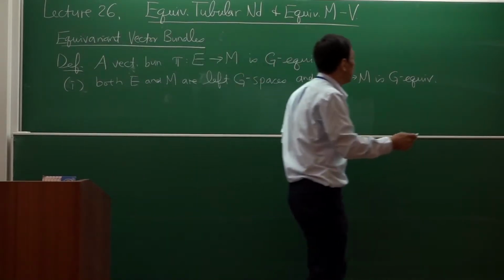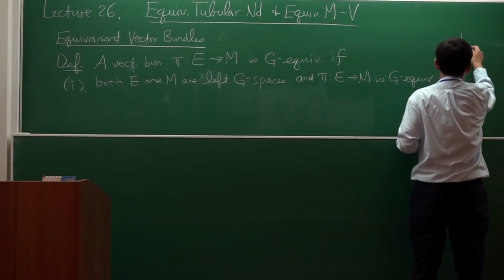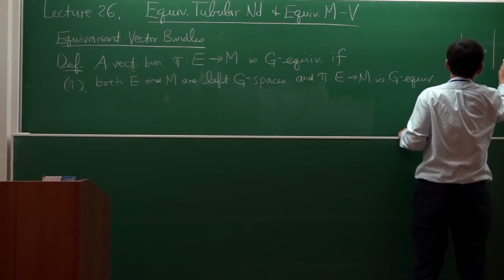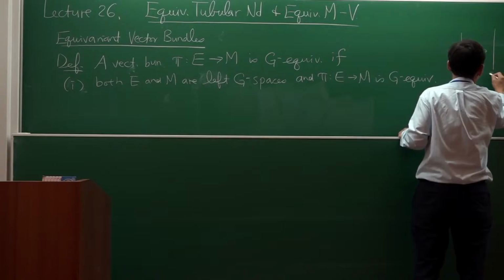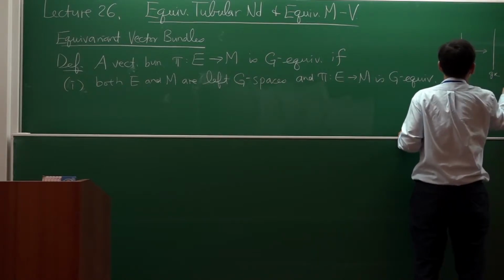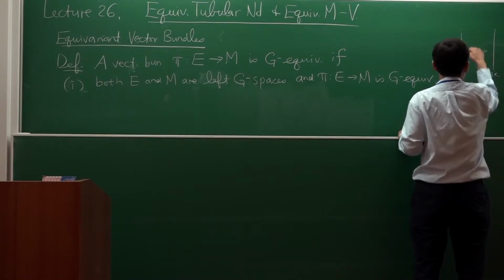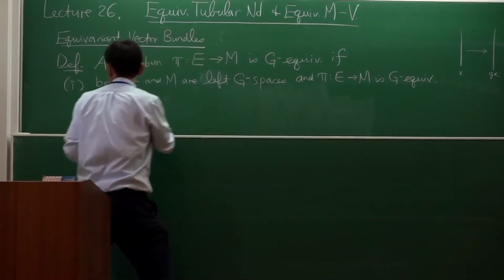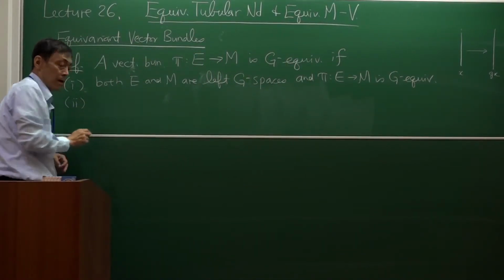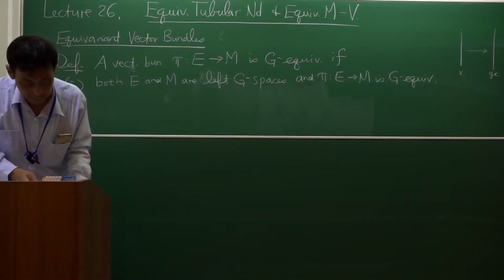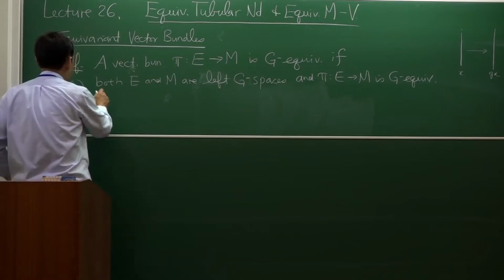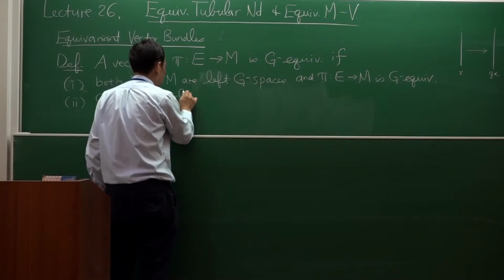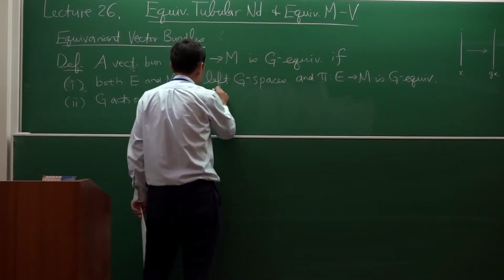Now, if pi is G equivariant, then that means if you have a fiber above x, and x goes to gx, the fiber above x should go to the fiber above gx. And that map should be linear. So G acts on each fiber linearly.